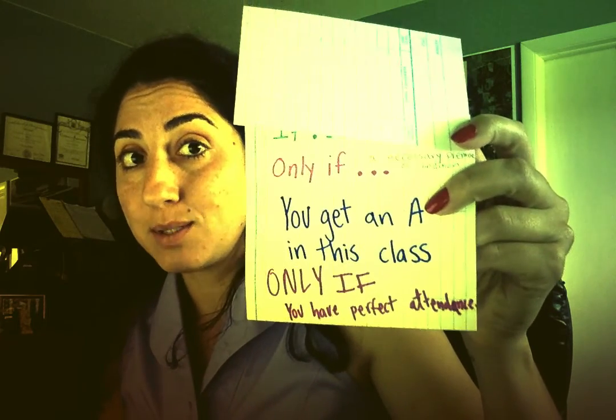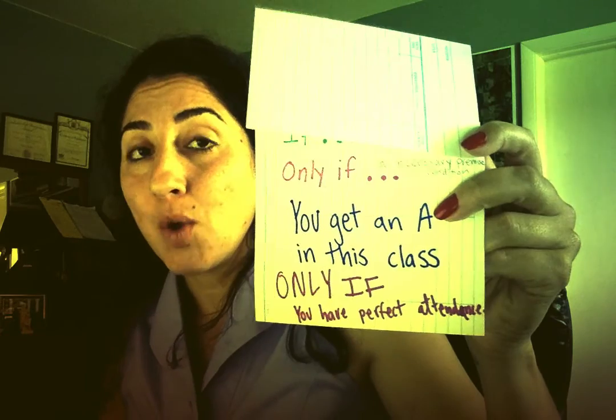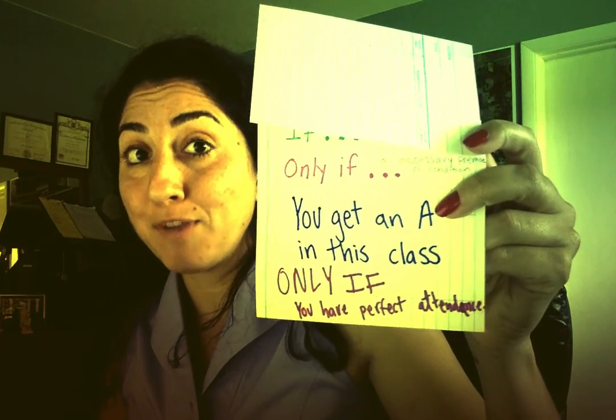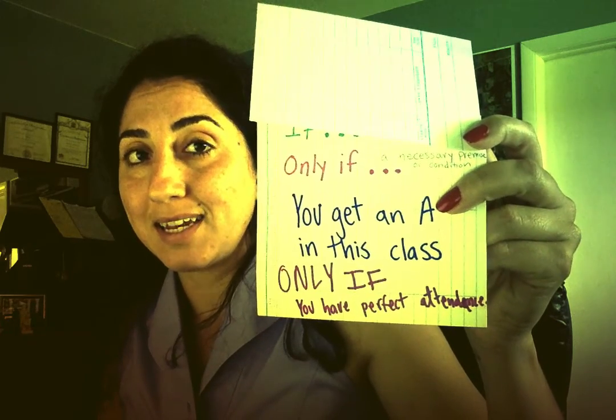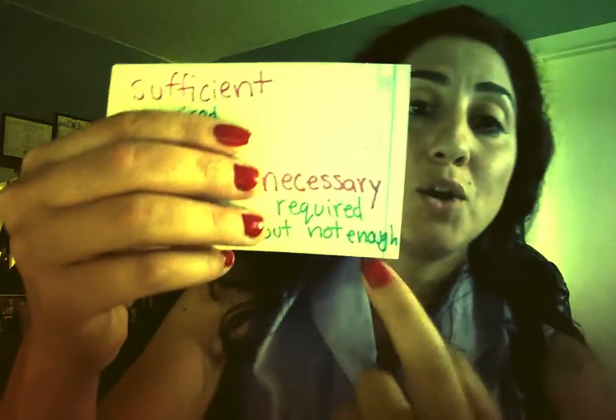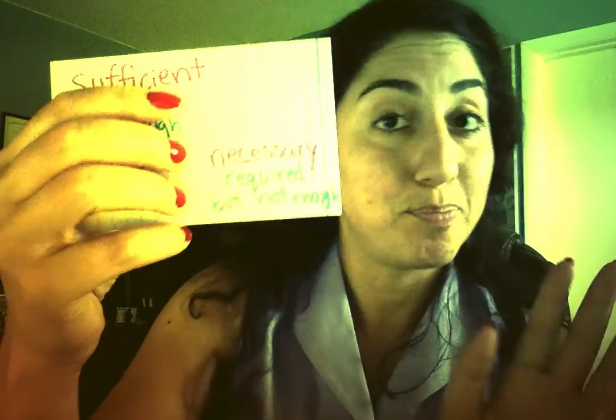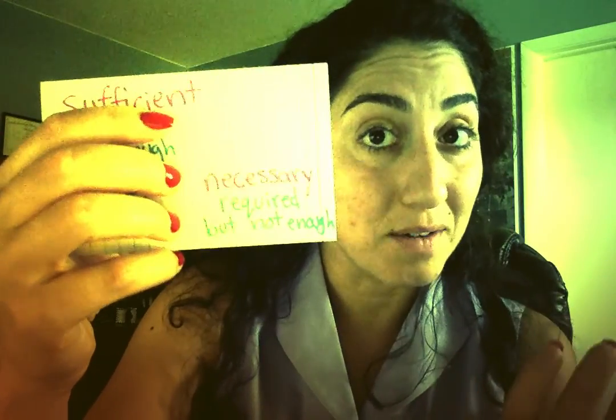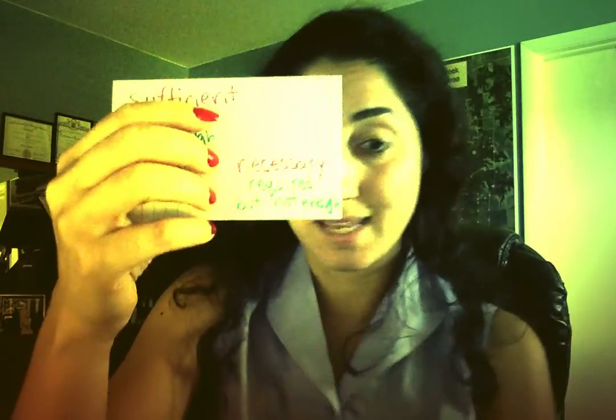This one is talking about a necessary relationship between having perfect attendance and getting an A in the class. It's telling us that perfect attendance is required, but not enough to have an A in the class.